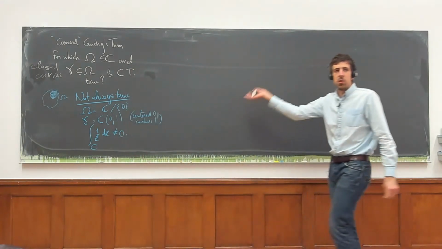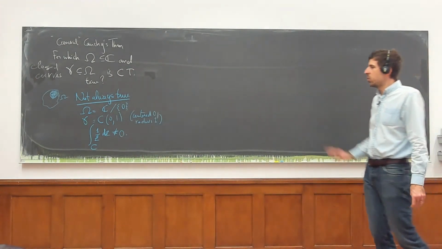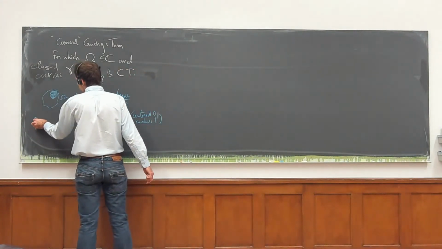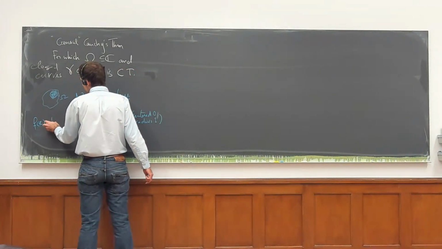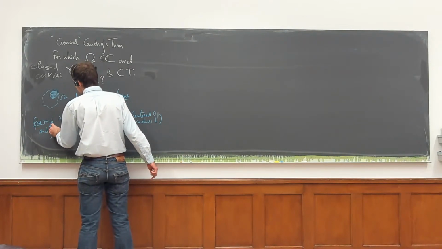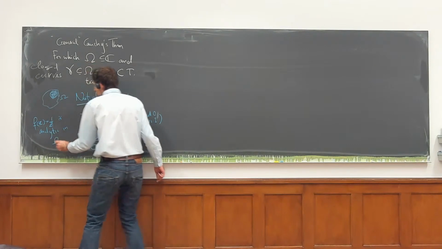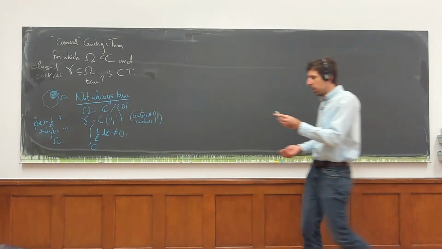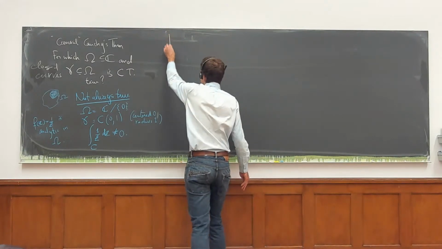In particular, it is 2 pi i times the winding number. So even though f(z) equals 1 over z is analytic in omega, this theorem is not always true, and we want to understand exactly when it's true.